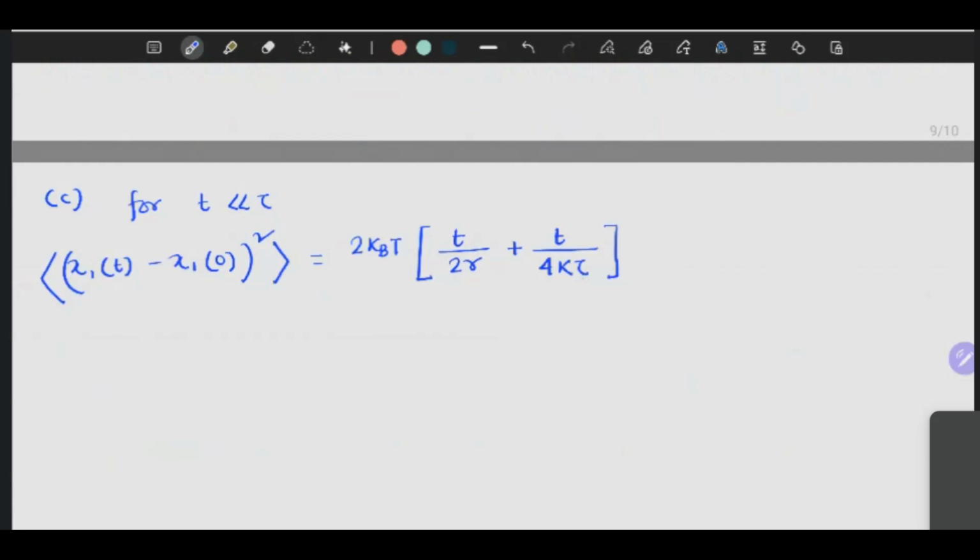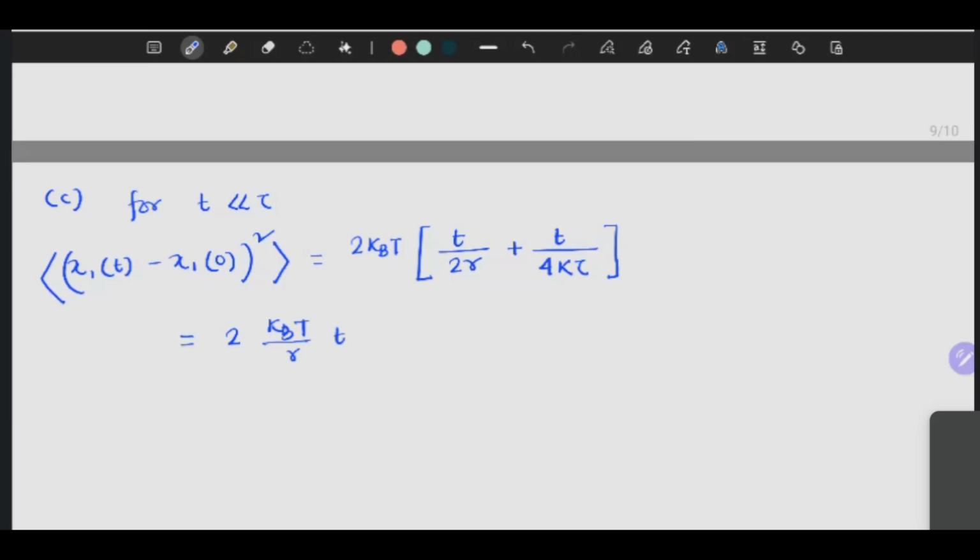Now tau is gamma/2k, sorry, so this becomes t/2 gamma plus t/2 gamma, so the 2 cancels out and it becomes 2 kBT t/gamma.